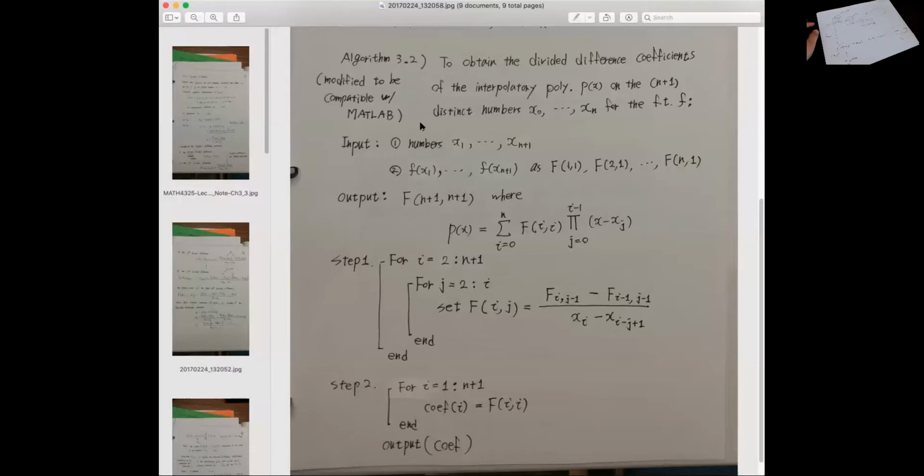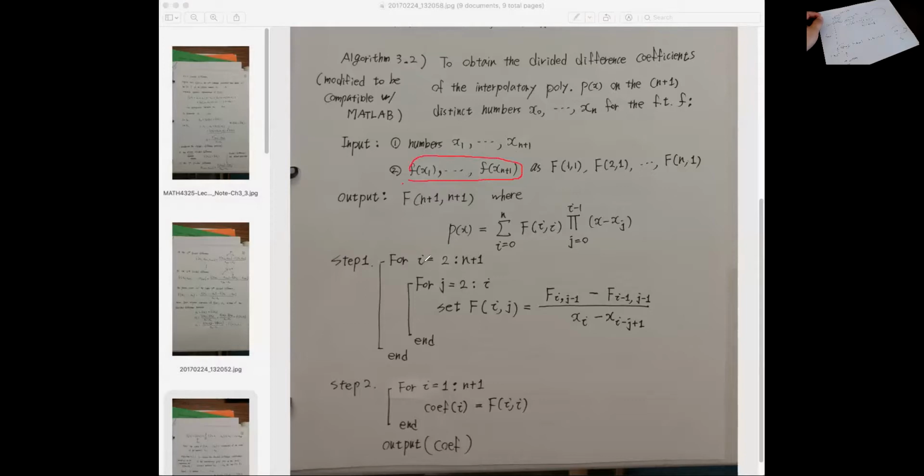All right, so now the first column of the matrix F should be f of x, right?